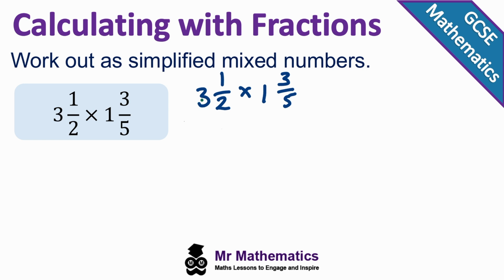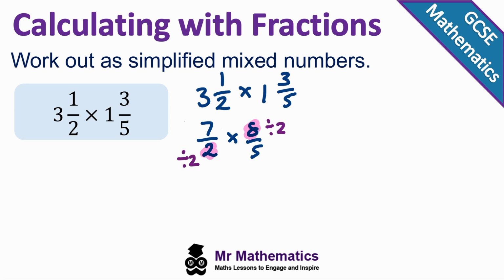We know this 3 is 6/2 plus the 1/2. This will give us 7/2. This 1 is 5/5 plus the 3/5, which will give us 8/5. And then we can cross-simplify. The 2 and the 8 both share a common factor, so we'll divide each by 2.